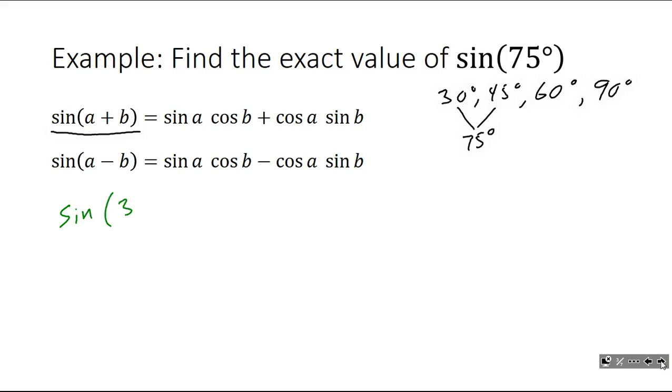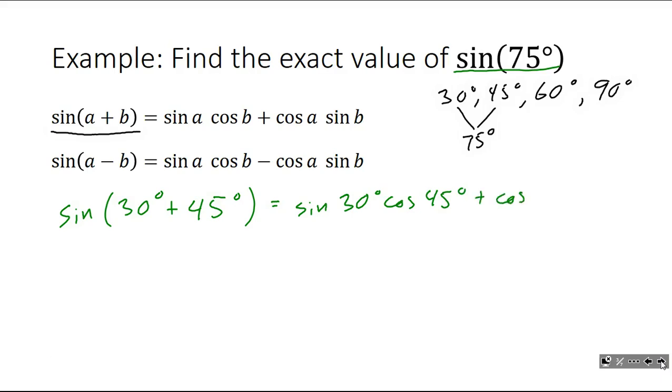All right, so we're doing the sine of 30 degrees plus 45 degrees. That's how we're getting this sine of 75. And according to the first formula, it will be the sine of the first angle 30 degrees times the cosine of the second 45 plus the cosine of the first 30 degrees times the sine of the second 45.